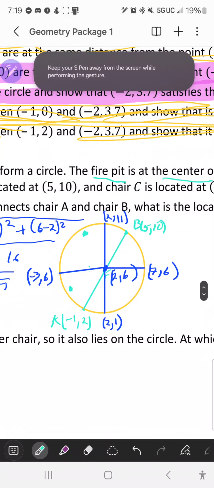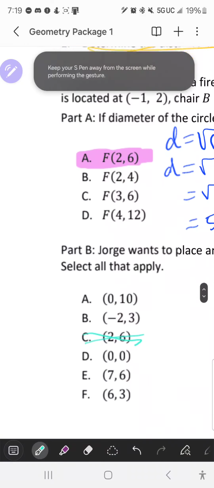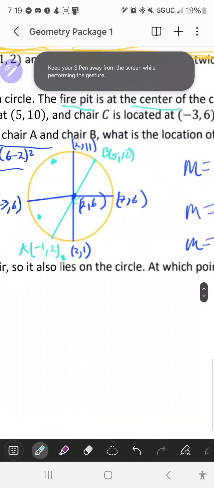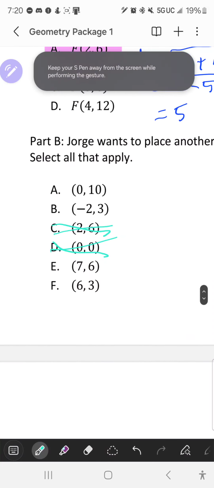Now 0 comma 0, it will be 0 over here, and then comma 0 will be over here since the minimum y value is 1, so it is obviously out of the circle. So this is no, and then 7 comma 6. Oh, 7 comma 6 is actually one of my points. So yeah, this is a valid answer.